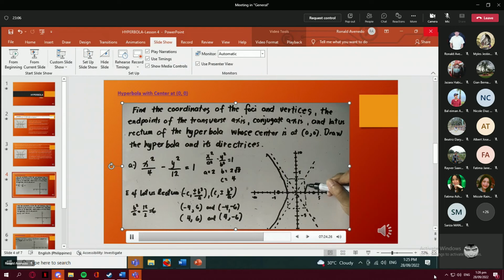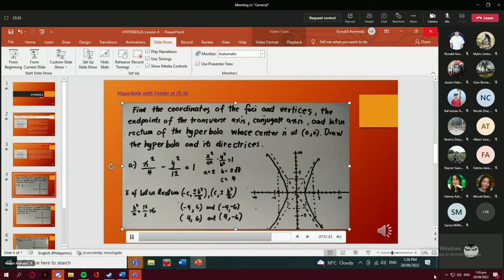Then you can connect here the latus rectum.